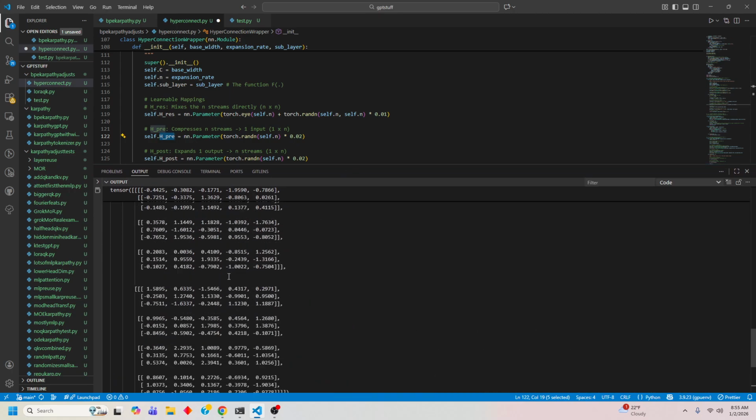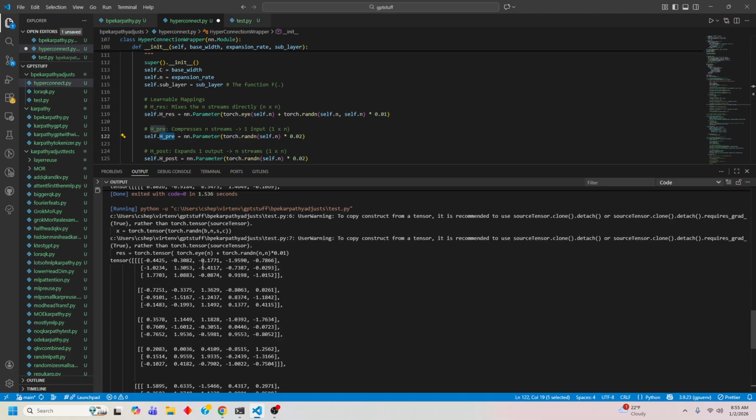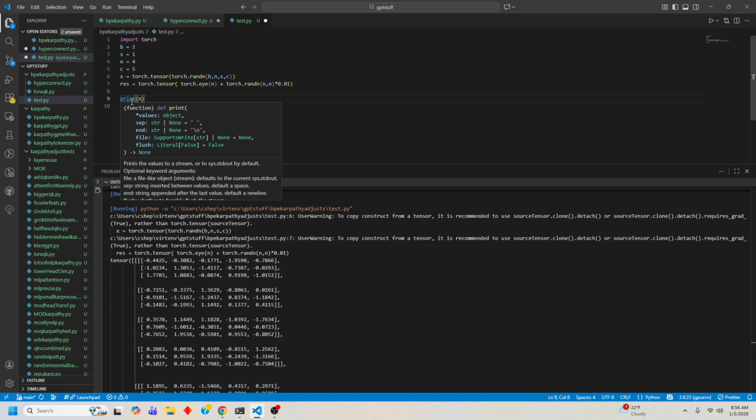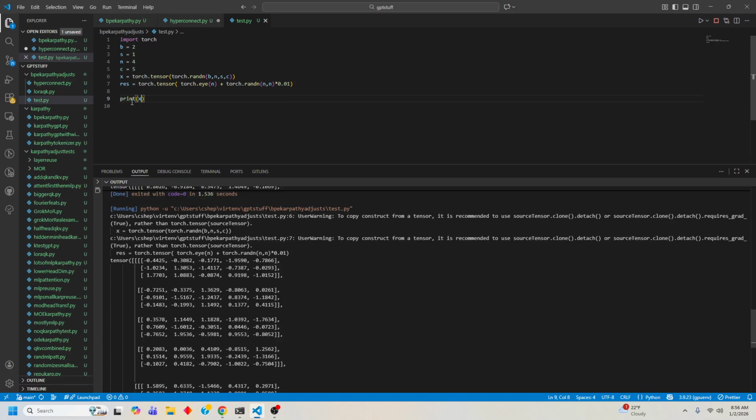This here was breaking out the input, all of this here breaking out the input into its 4 channels. So if we go back here, I was using this batch of 2, sample of 3, which I could just make 1, keep it small. Yeah, save, and we'll do this.